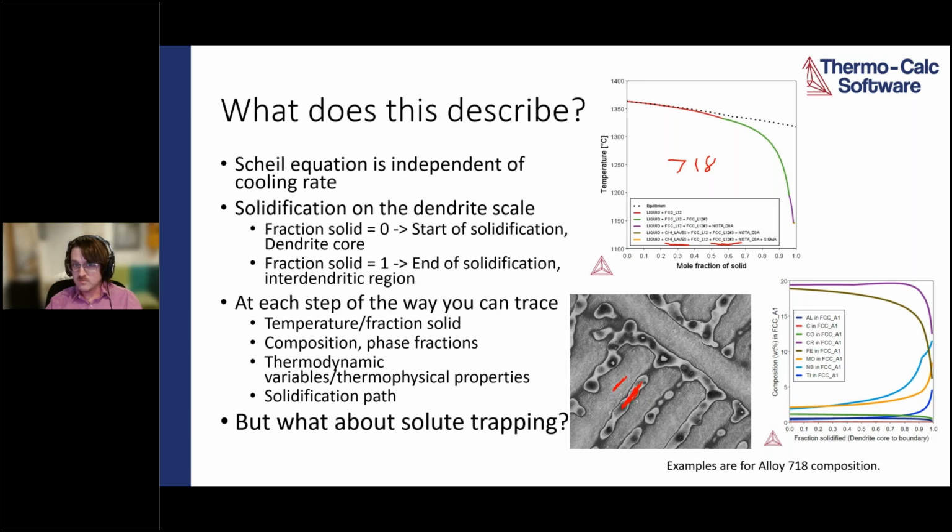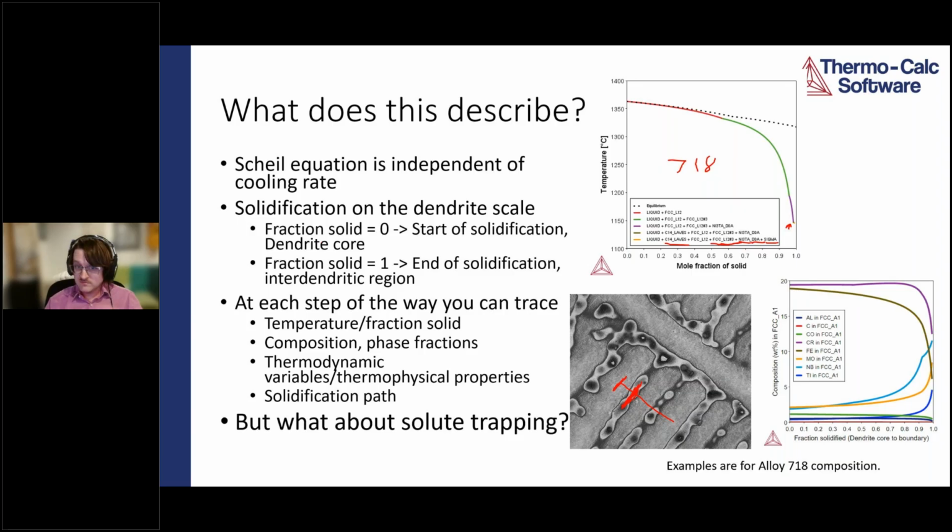We have a niobium carbide forming, maybe some sigma and delta phase potentially at the very, very, very end of solidification. And here's what you might measure in the EDS. If you went to the EDS and you measured across the dendrites, you might measure chemistry profiles that look like this. But we can also get all the other thermodynamic variables like the latent heat and the specific heat and the density and thermal conductivity and all of that good stuff.